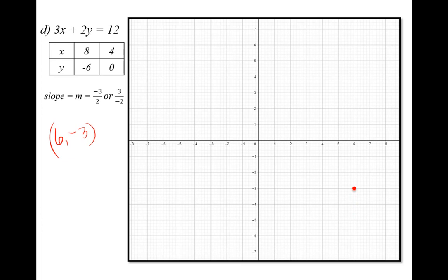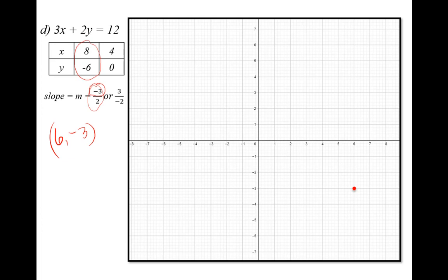So, paano ba nagkaroon ng (8, -6) dito na point or ordered pair? Okay? Ginamit natin yung value ng slope or m, which is -3/2. Dahil we have a value na -3 sa taas, which is your rise, we will have a negative rise.